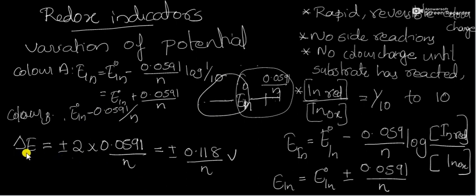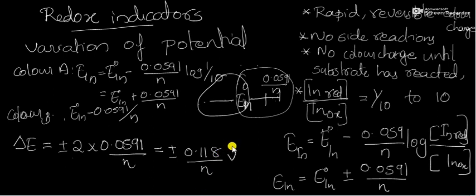Then what is the change in potential, delta E? That can be obtained by subtracting one equation from the other. We get delta E equal to plus or minus 2 into 0.0591 divided by N, that is equal to plus or minus 0.118 divided by N volts.